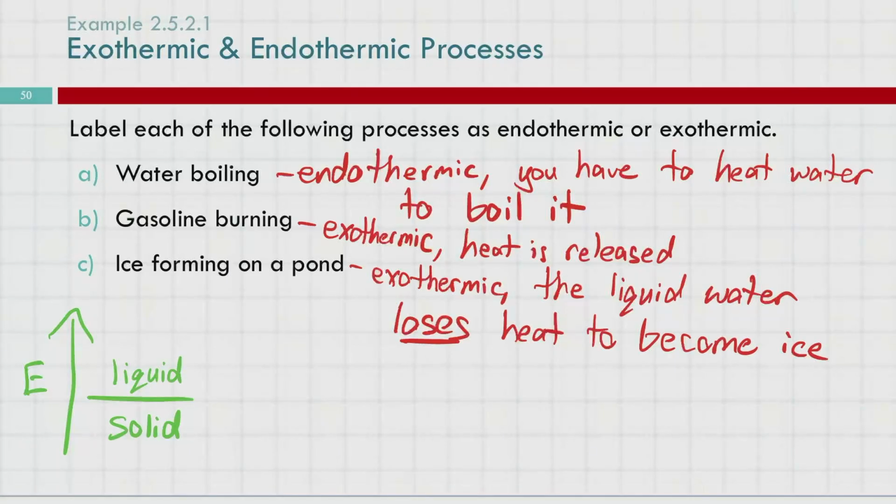Liquid is hotter than a solid, right? Like ice, liquid water. And then what has even more energy or what is hotter than a liquid? Gas. So if we think about ice forming on a pond, we're going from a liquid to ice, a solid. So we have to go down in energy. So it has to lose energy somewhere. In the case of ice forming on a pond, it's releasing that energy. We're losing that energy to the environment because it's just colder outside.